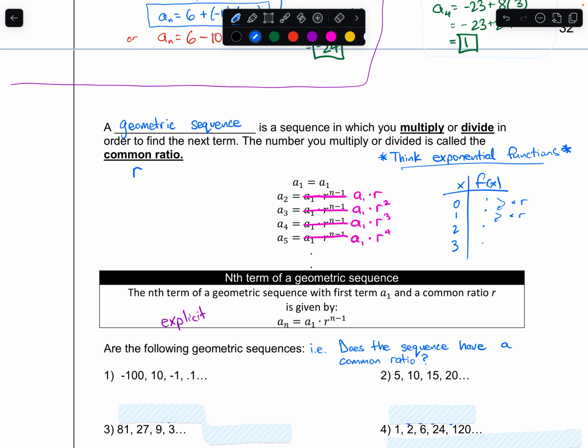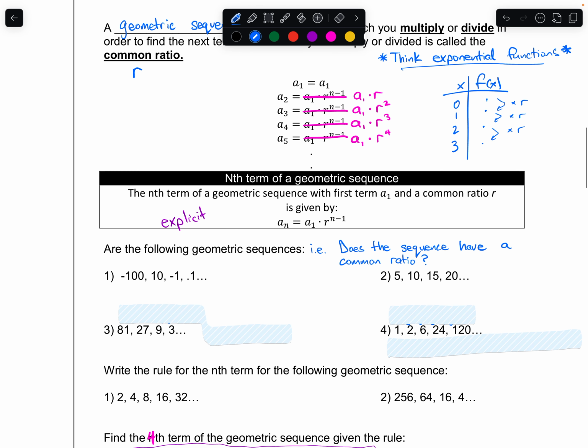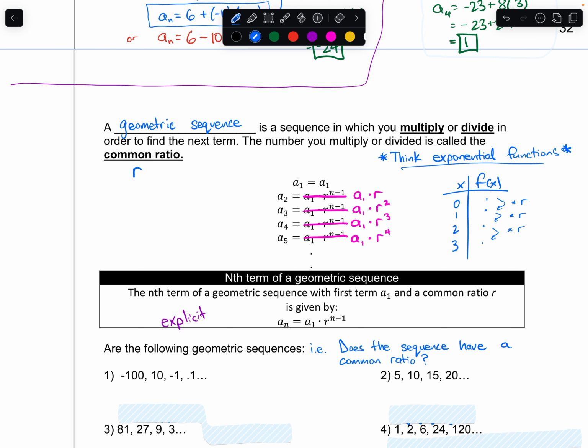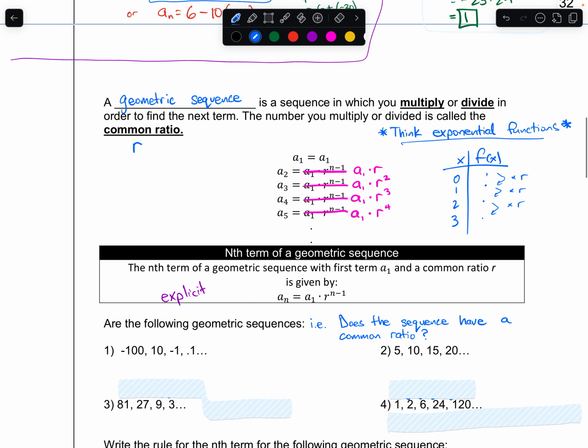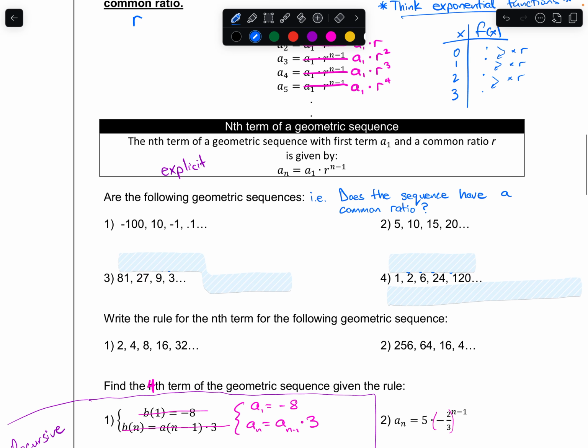If you're multiplying by the same thing to get from one output to the next, that's the common ratio. And really, that's what exponential functions are. And we talked about it a little bit last chapter. Those don't go away. We're going to see that again this chapter. All right, on to the practice problems.